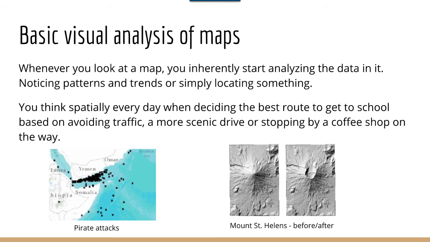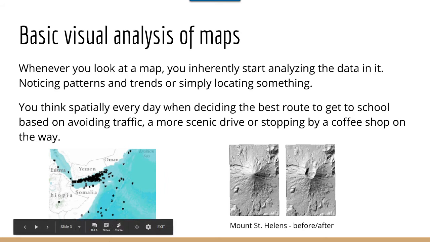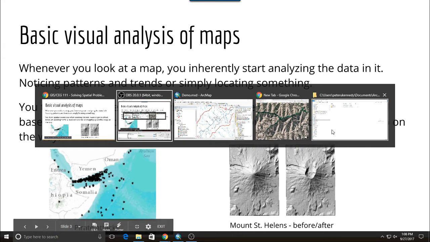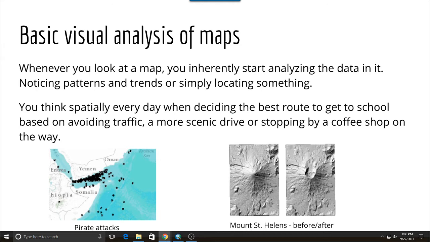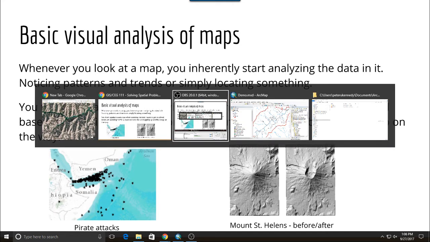When you look at a map, you automatically are analyzing information. And the GIS lets us take it a step further to do more complex analysis that our brains might not be able to do. Whenever I look at this pirate attacks map, it often makes me think about a map of shipwrecks in the graveyard of the Atlantic, if you've ever seen them.